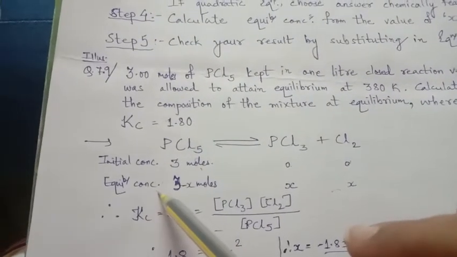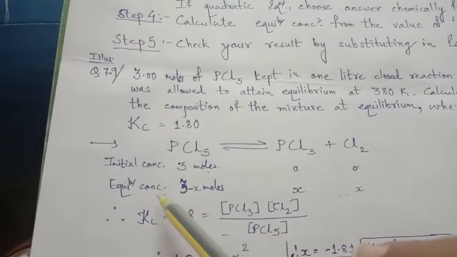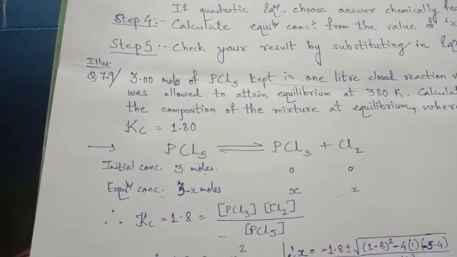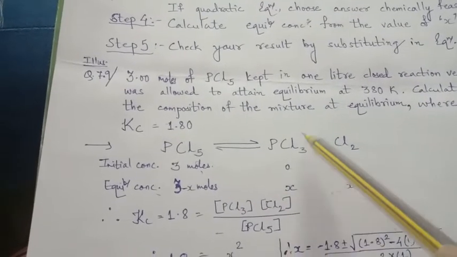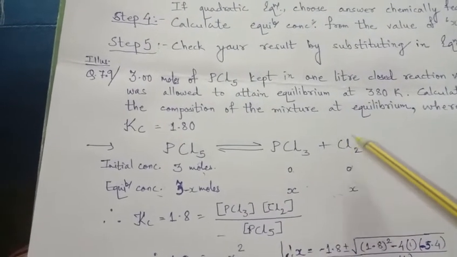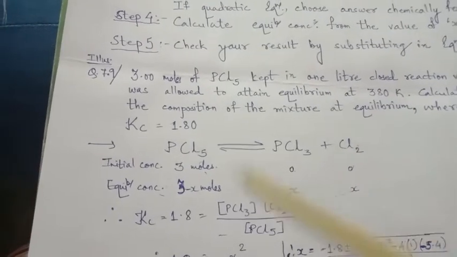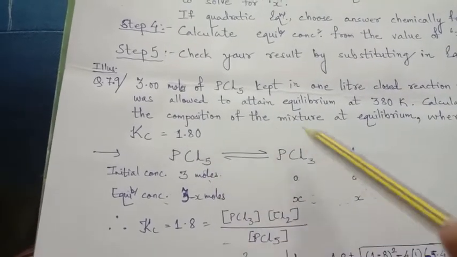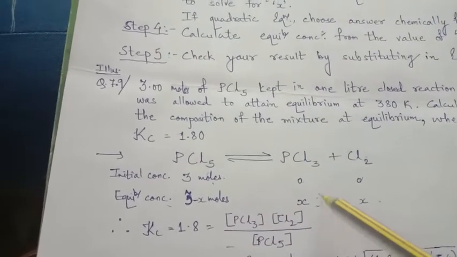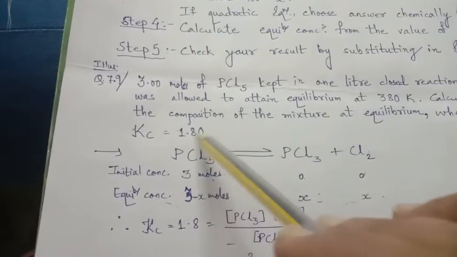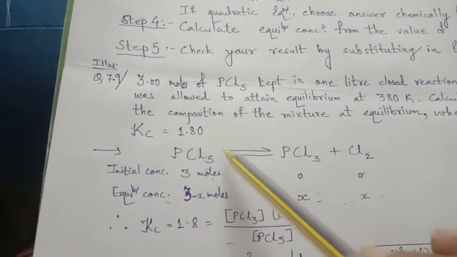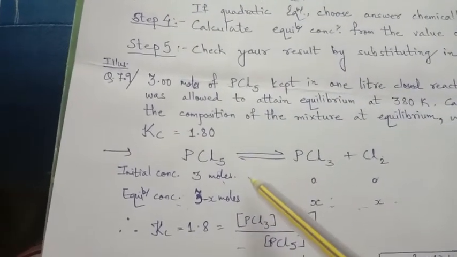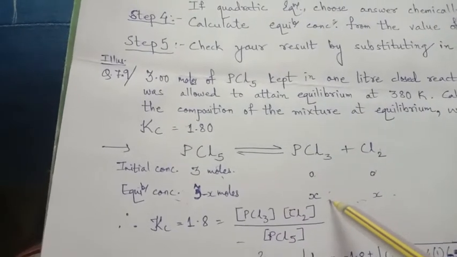At equilibrium, x mole will be the concentration, because we don't know exactly what the concentration of PCl3 and the concentration of Cl2 will be. So suppose at equilibrium the concentration of each product is x. Then what will be the concentration of the reactant? It will be whatever concentration it initially had, minus what it consumed to form the product.